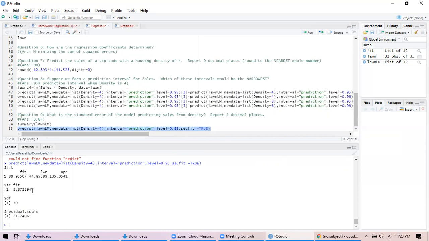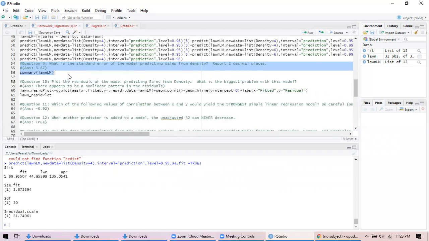So that's pretty much it. For that one, you just run the same thing and then se.fit. It's from line 37.